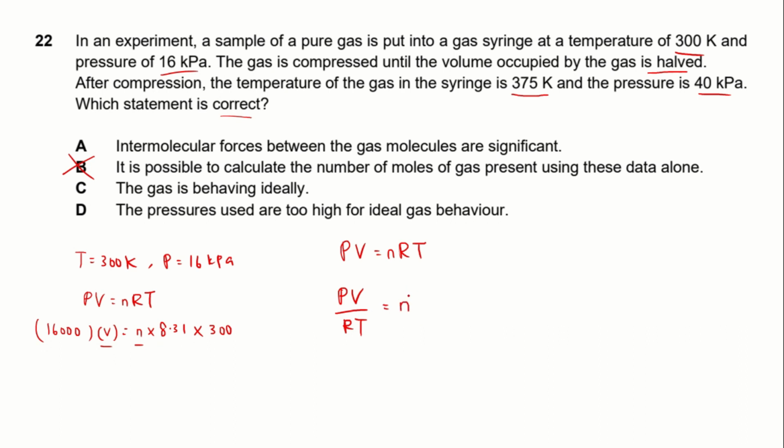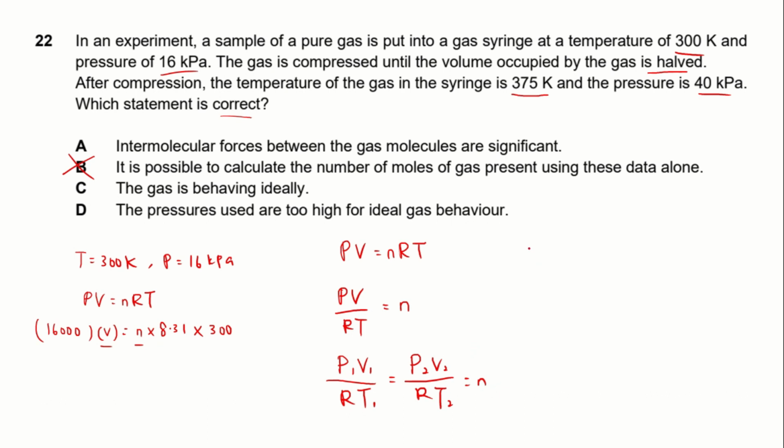And n is not changed, so this will be a constant. I can prove that P1V1 over RT1 is the same as P2V2 over RT2, which is a constant. The gas is behaving ideally.